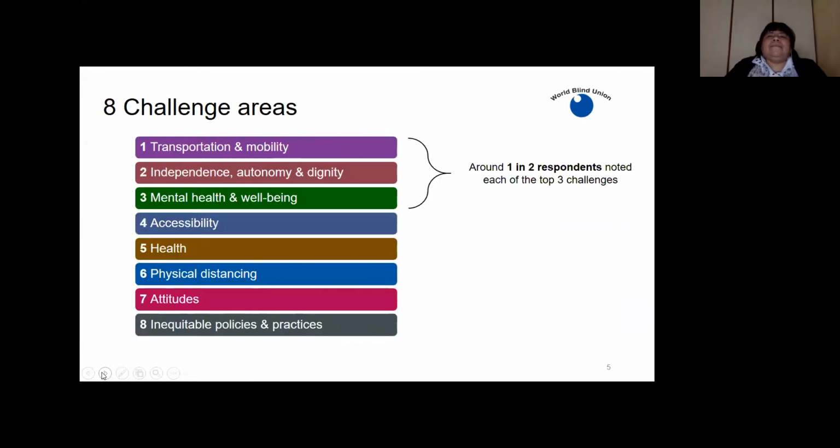Next slide, please. We have now the main challenge areas that were asked about for blind or partially sighted persons. These areas were transportation and mobility, independence, autonomy and dignity, mental health and well-being, accessibility, health, physical distancing, which is really a big issue, attitudes, and inequitable policies and practices.